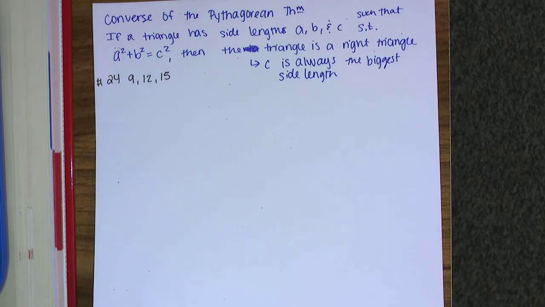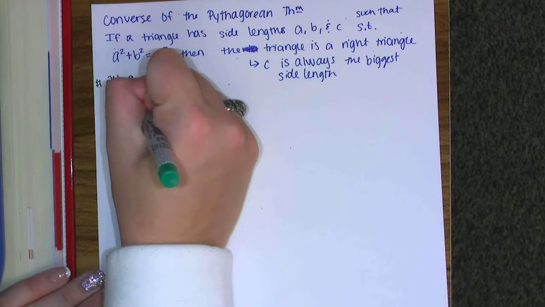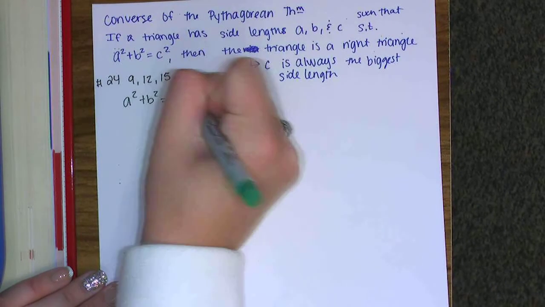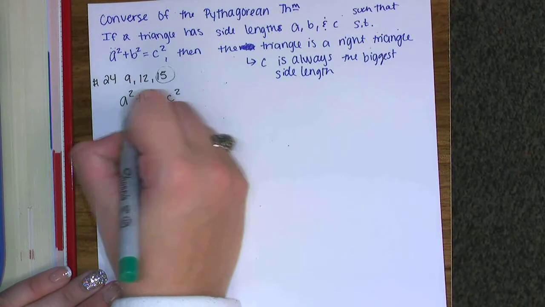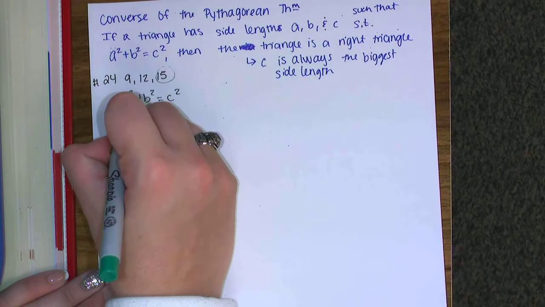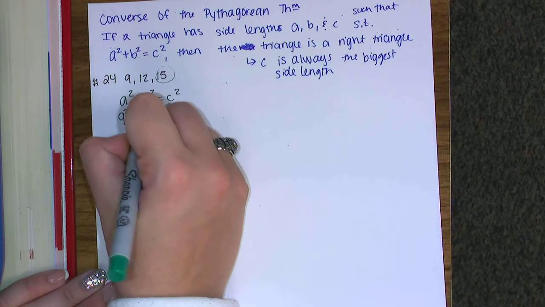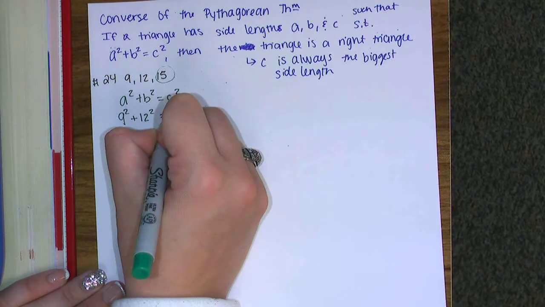So 9, 12, and 15, so A squared plus B squared is equal to C squared. In this case, C is 15. So A, we're just going to say A is 9. So 9 squared plus 12 squared is equal to 15 squared.